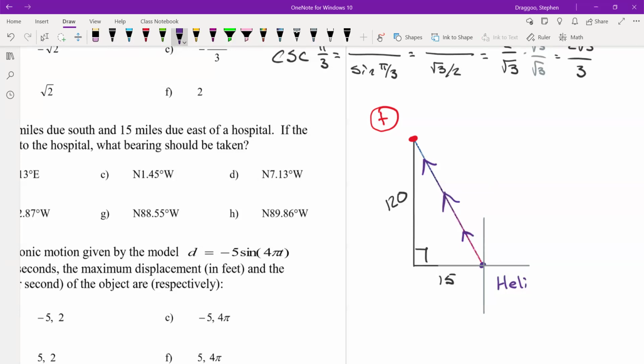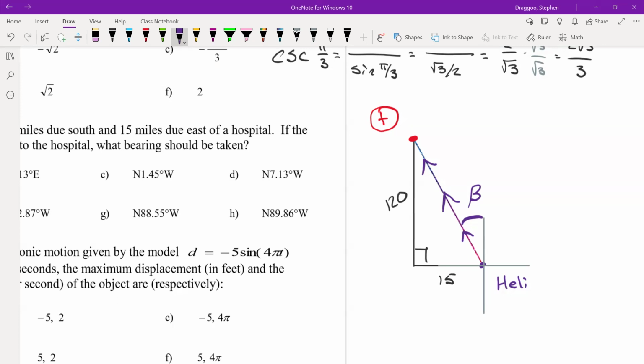Yeah, so we're going that way, which means the bearing angle I'm looking for is this one right there. That's the bearing angle that I'm after. I can tell just by the way that the helicopter needs to fly that my bearing should be northwest. That's the direction I'm traveling. So I just need some math to figure out what the value of beta is.